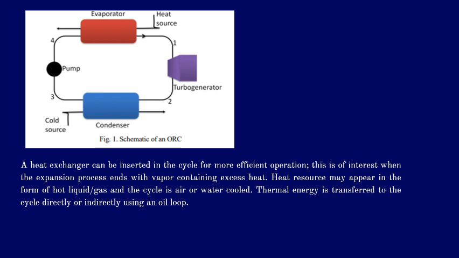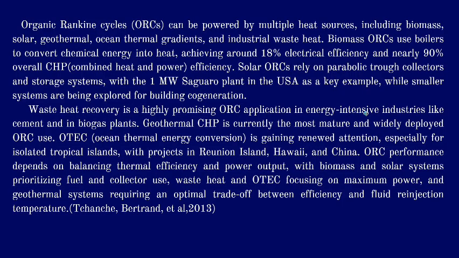Heat resource may appear in the form of hot liquid or gas, and the cycle is air or water cooled. Thermal energy is transferred to the cycle directly or indirectly using an oil loop. Now, the organic Rankine cycle can be powered by many different heat sources including biomass, solar energy, geothermal heat, ocean thermal gradients, and industrial waste heat.